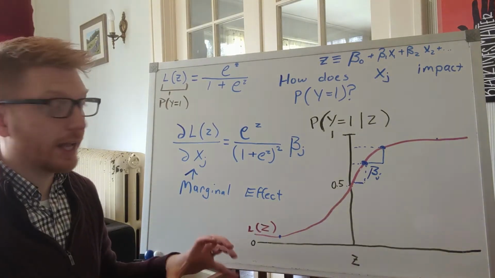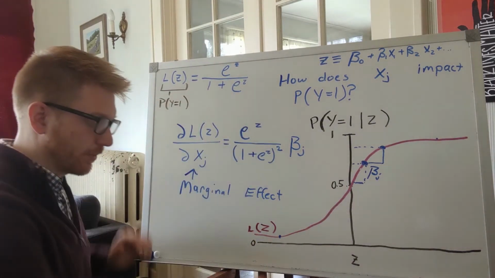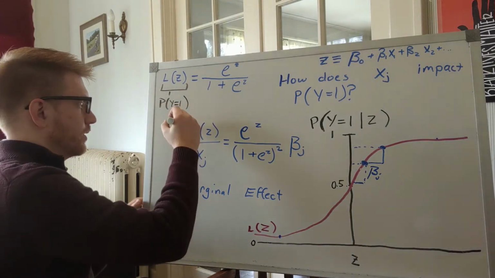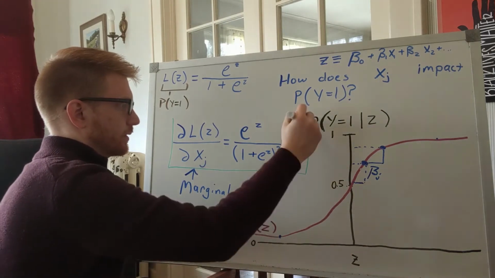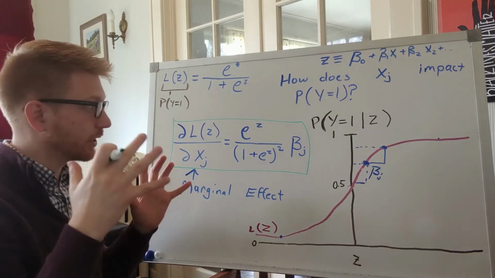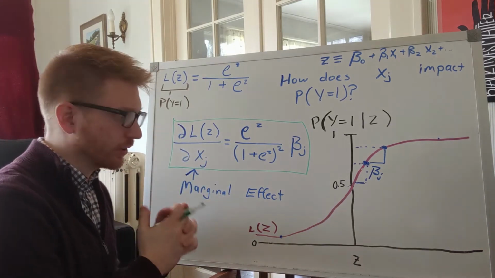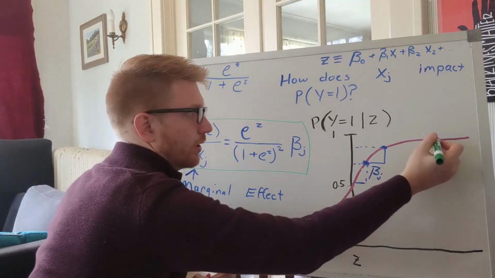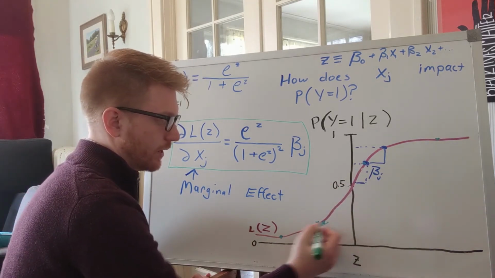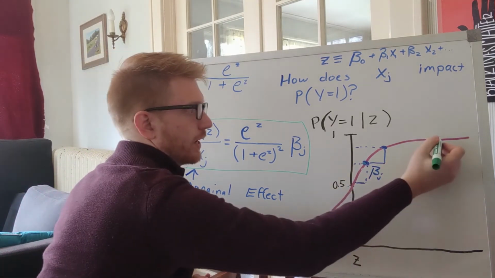So one way to summarize these marginal effects, so these are our marginal effects, would be to take everybody's marginal effect. Look at all these different people and say, that slope is that marginal effect.